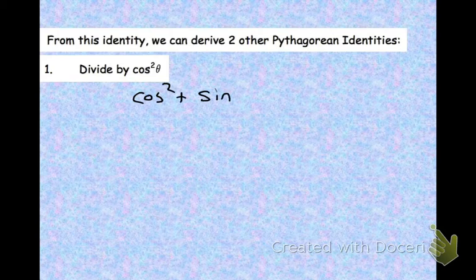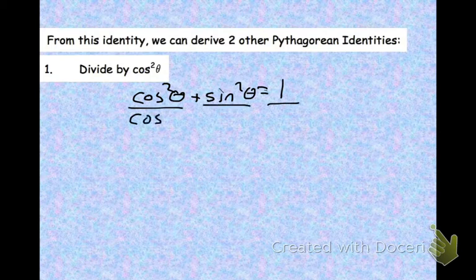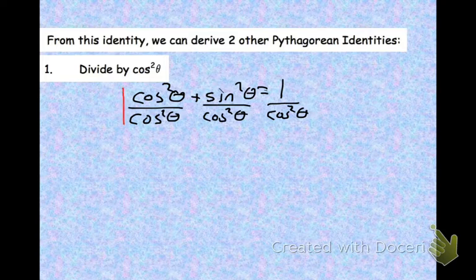The first one: if we divide everything by cosine squared theta, you'll have cosine squared theta over cosine squared theta, plus sine squared theta over cosine squared theta, equals 1 over cosine squared theta. Well, this first piece, cosine squared over cosine squared, is going to just give us 1.